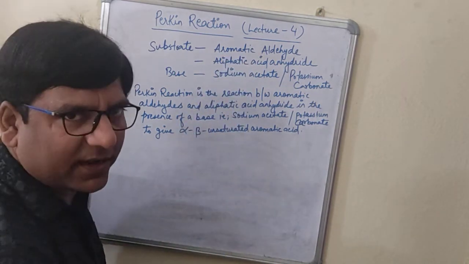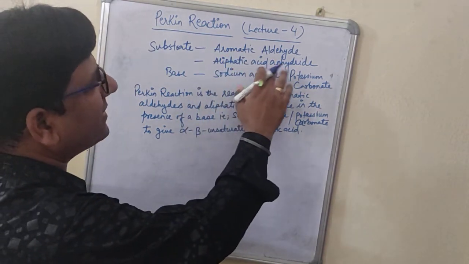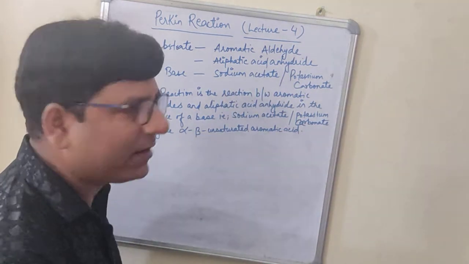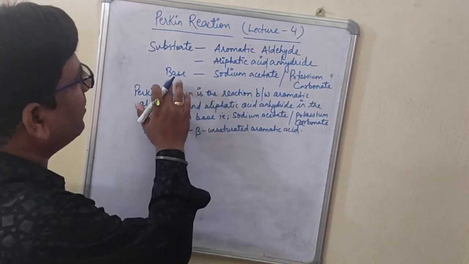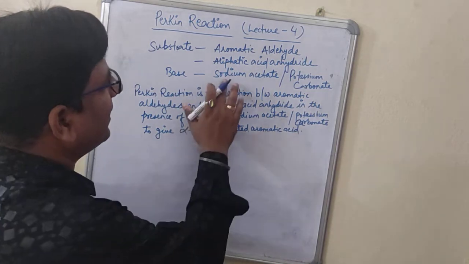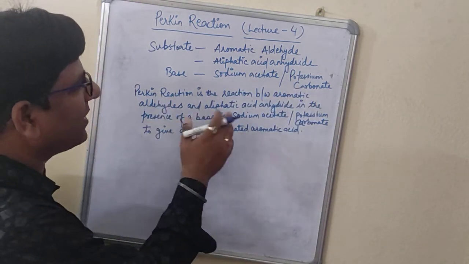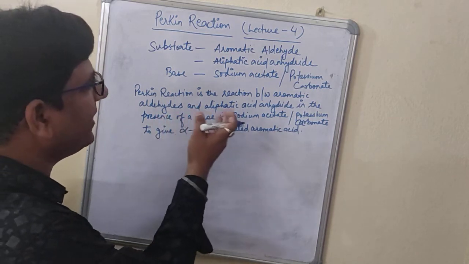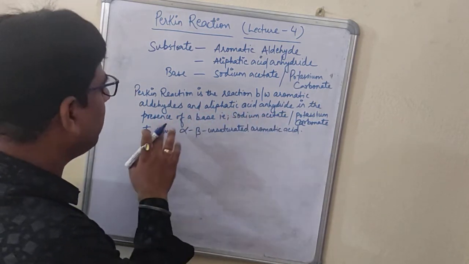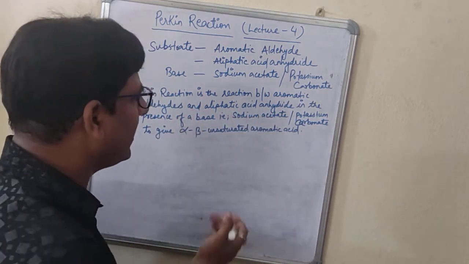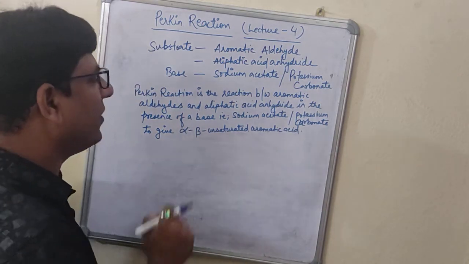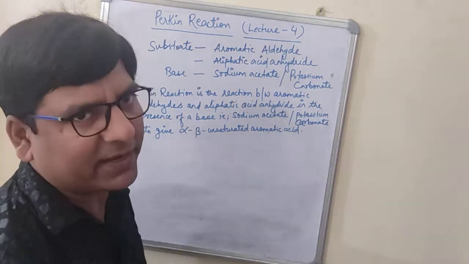You can take benzaldehyde, and the aliphatic acid anhydride. You can take acetic anhydride, and it will be done in the presence of a base, that is sodium acetate or potassium carbonate. As I have written, Perkin reaction is a reaction between the aromatic aldehyde and the aliphatic acid anhydride in the presence of a base, that is sodium acetate, potassium carbonate, to give alpha beta unsaturated aromatic acid.